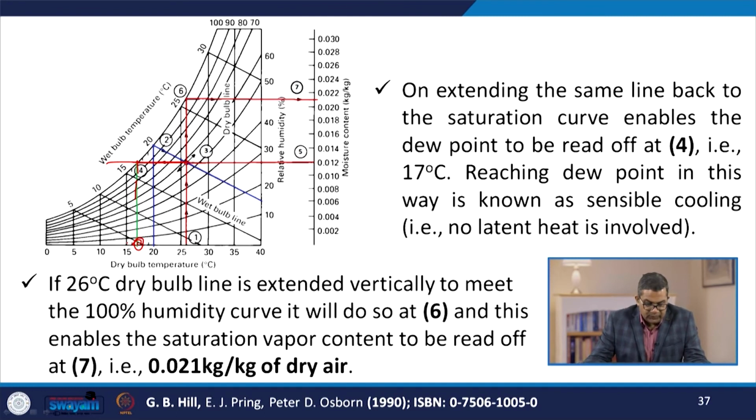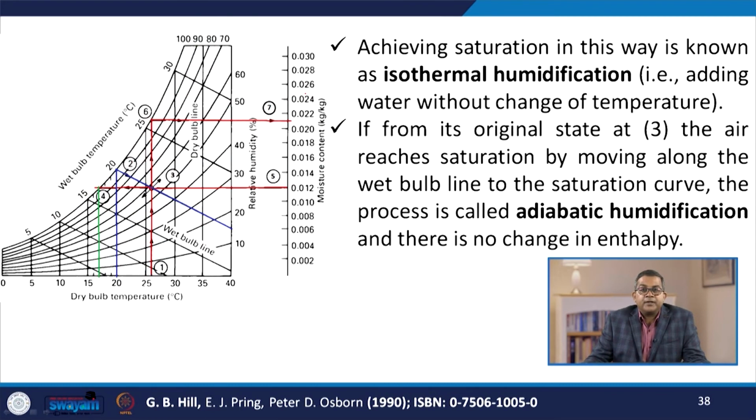Now, if we say the 26 degrees Celsius dry bulb line is extended vertically to meet the 100% humidity curve, then it meets at point number 6, and this enables the saturation vapor content to be read at this juncture, which comes out to be 0.021 kilogram per kilogram of dry air.